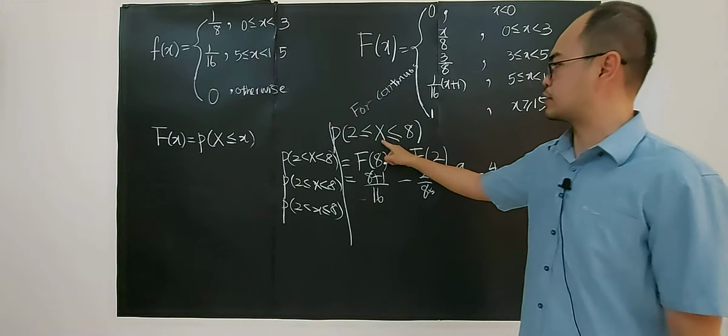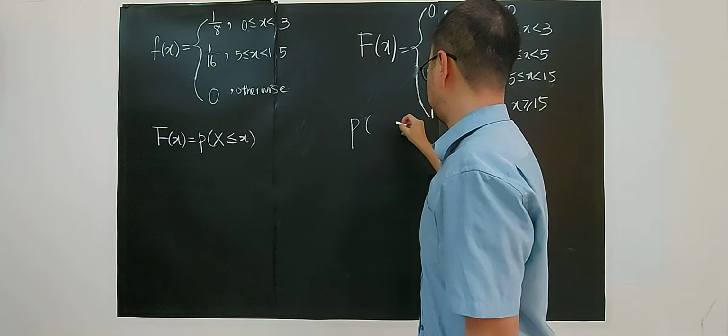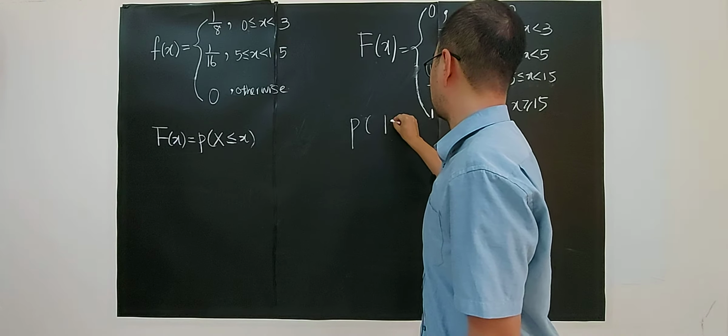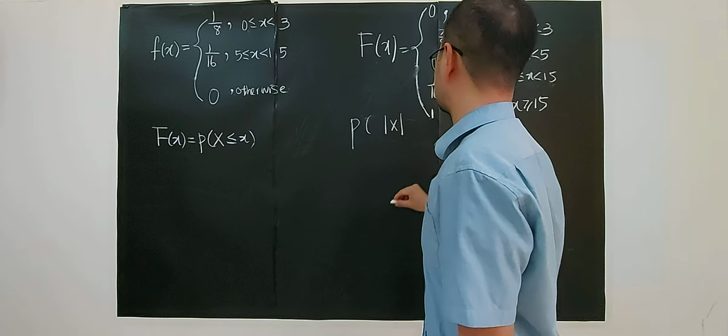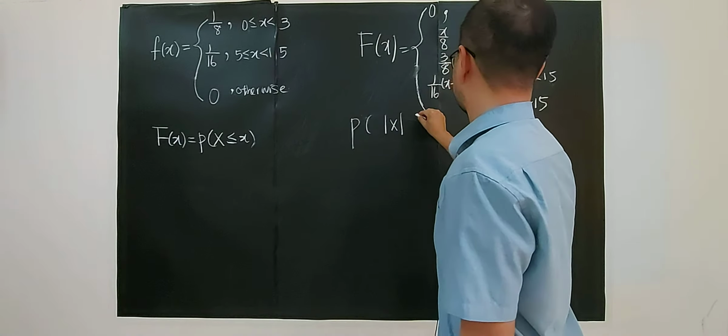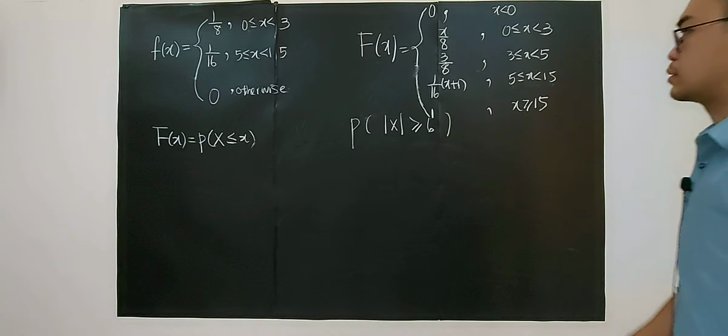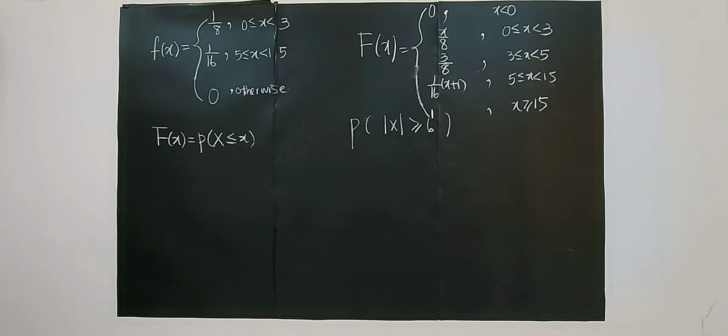Let's see another example. Let's say I ask you to find the probability of modulus of X greater than or equal to 6. This uses the basic definition you learned in inequalities.